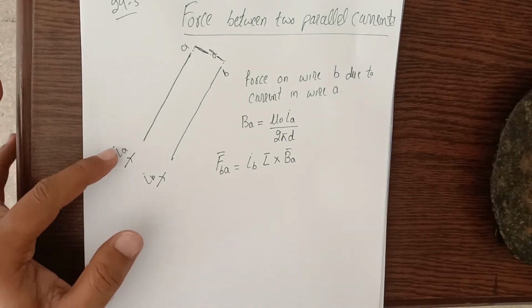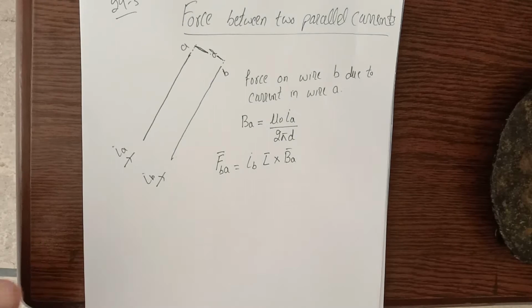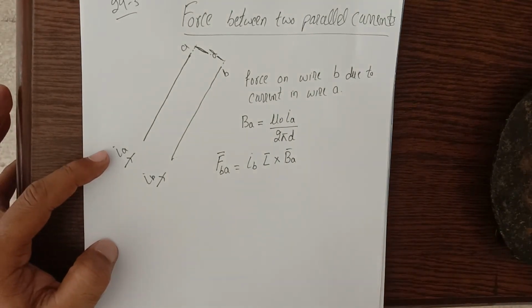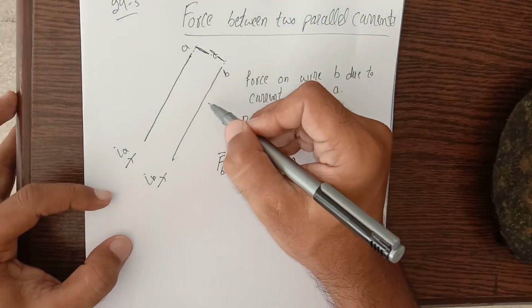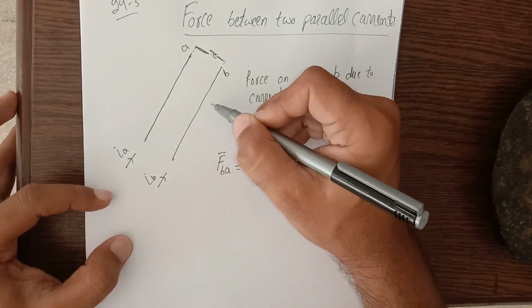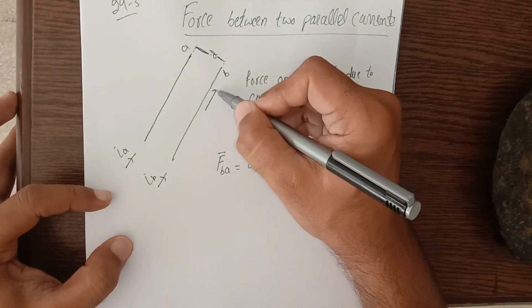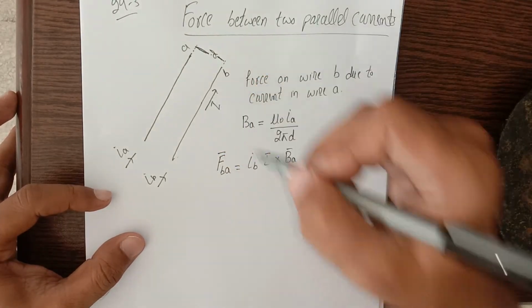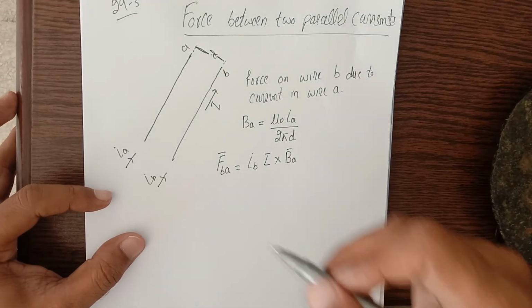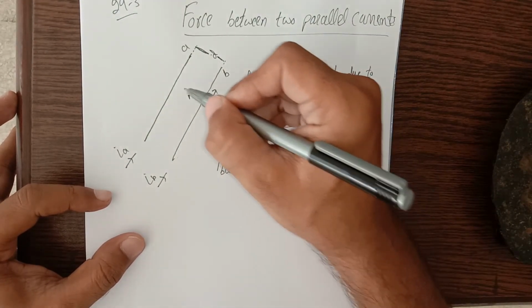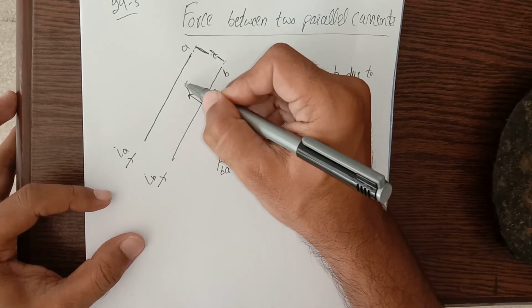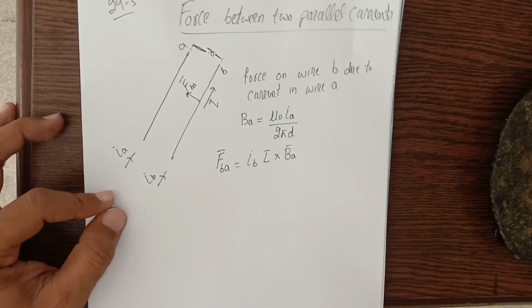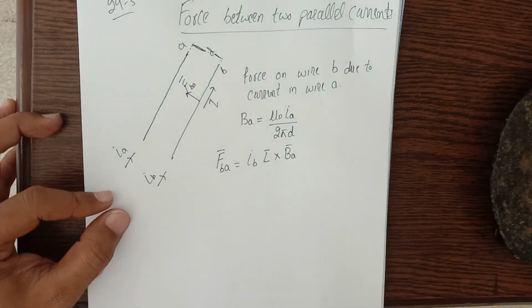This would be my force at wire B due to wire A. The length is along the direction of current, and force would be perpendicular to this length element. So the angle between them would be 90 degree.